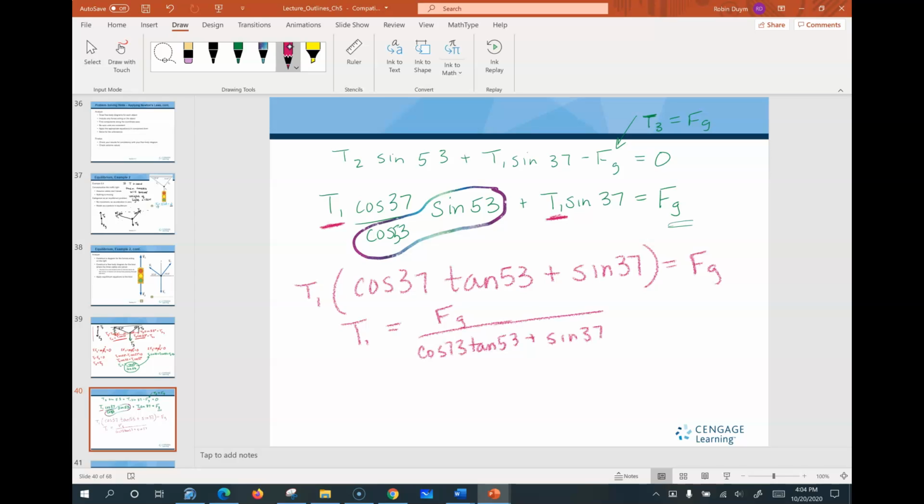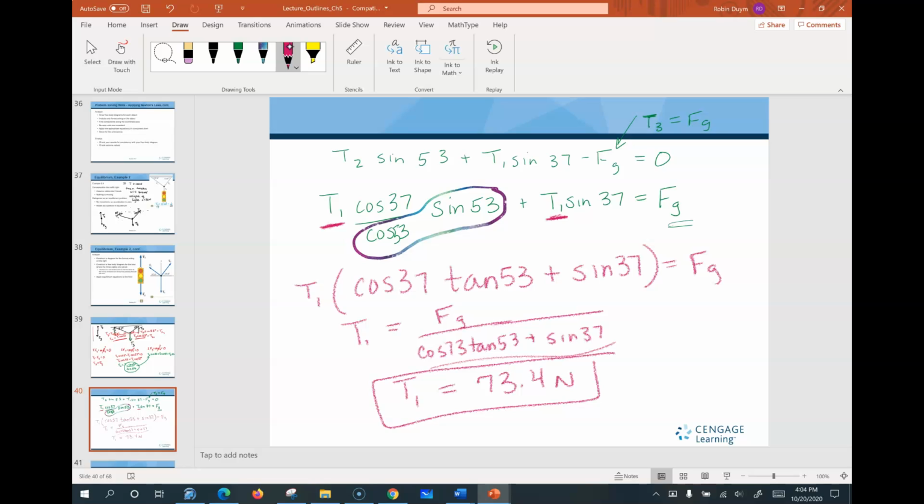Now you might have added numbers earlier on, that's fine. You'll see that the longer you hang on to your variables, the easier it will get. So if I just plug in the numbers that we have there, these are all just numbers. This was 122 newtons. We get T1 equal to 73.4 newtons.